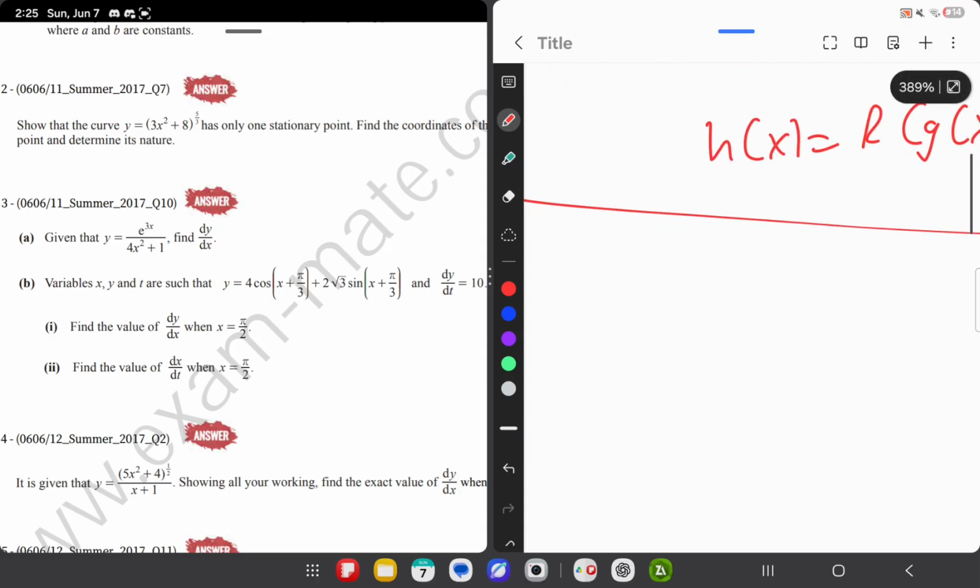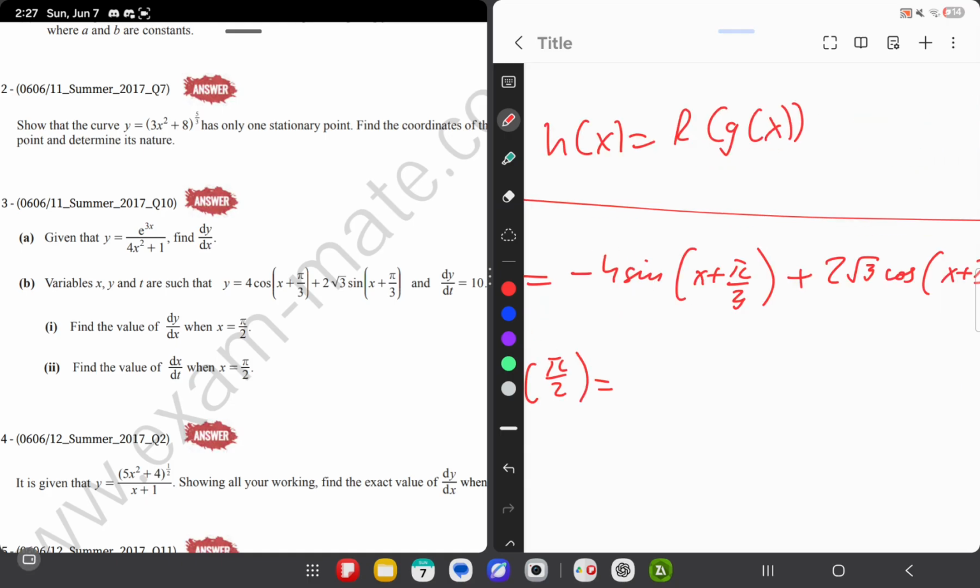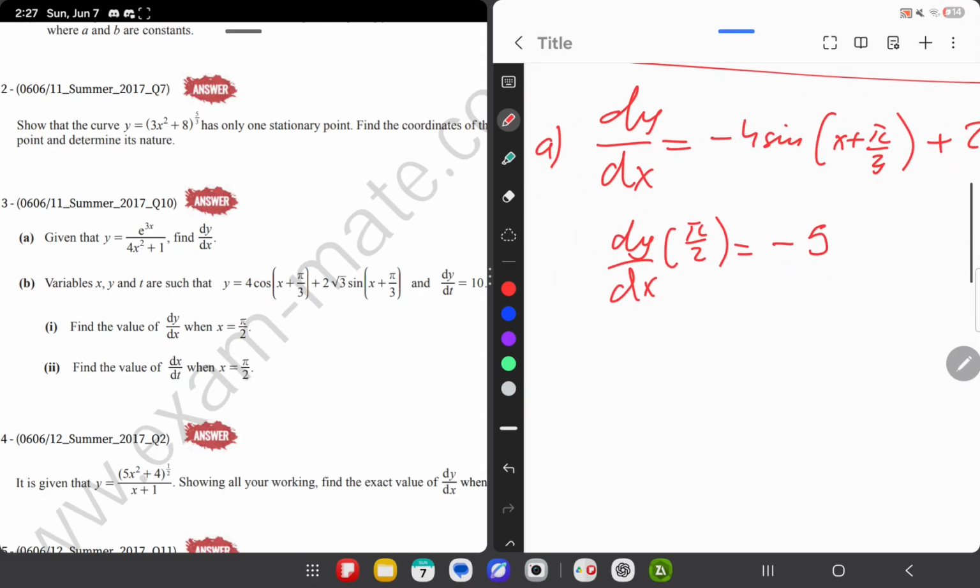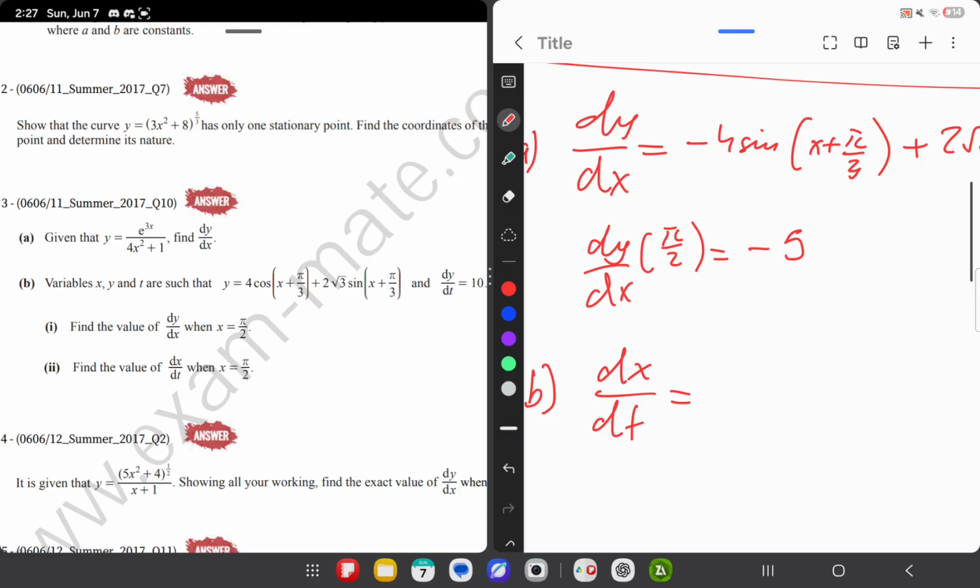We can easily find dy/dx in the first part. We know this value is -5. Now we know dy/dx. We want to find dx/dt. How do you do that? We know two things: dy/dx and dy/dt.